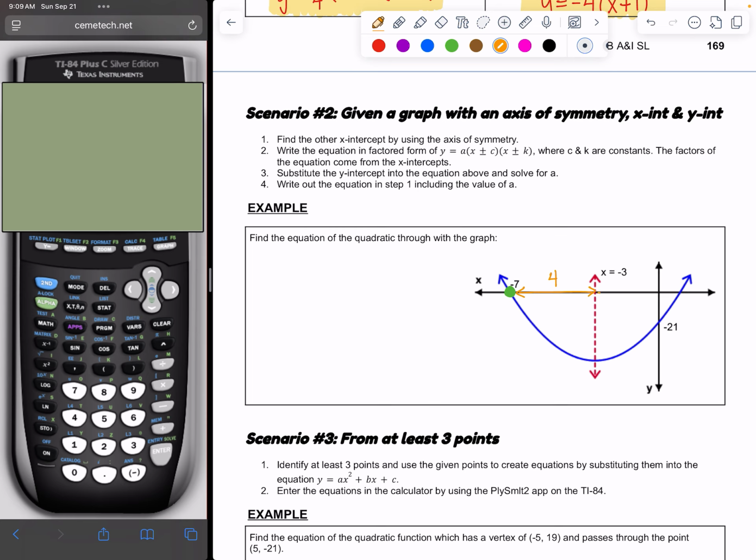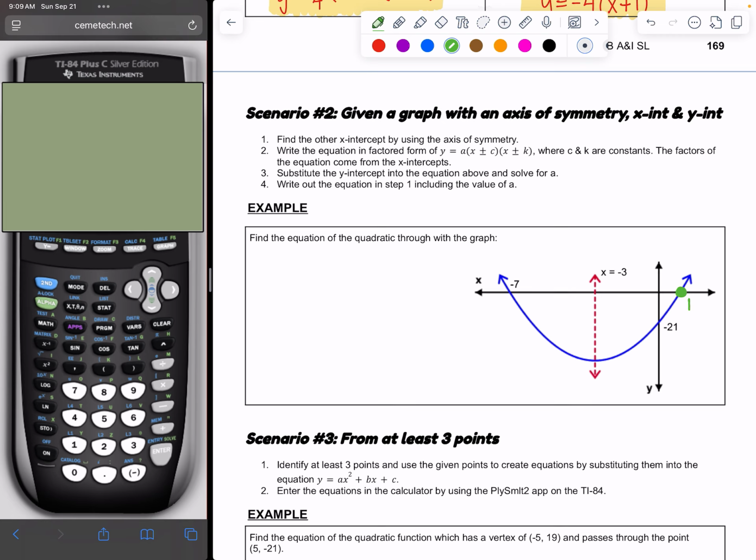So I know I need to have a distance of 4 units from the axis of symmetry to the other x-intercept. So I know that -3 plus 4 is going to be a positive 1. So from that, I know that this other x-intercept here is going to be a positive 1 here.